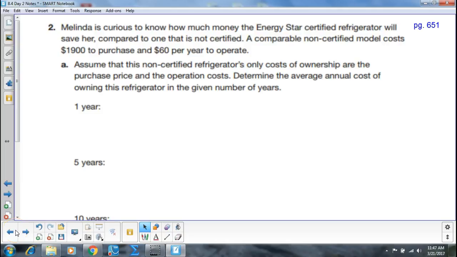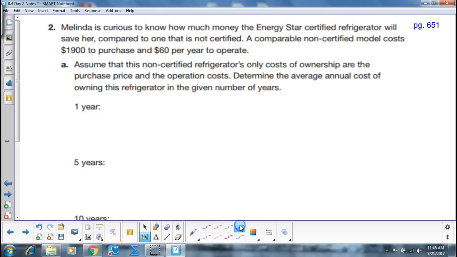Okay. So now question number 2 says, she's curious because Energy Star appliances are a little more expensive because they're cheaper to operate. Okay. So now figure out how much the average cost was for this non-Energy Star one. So what's that going to be? Initial cost was 1,900, then plus 60, because she only used it for a year.